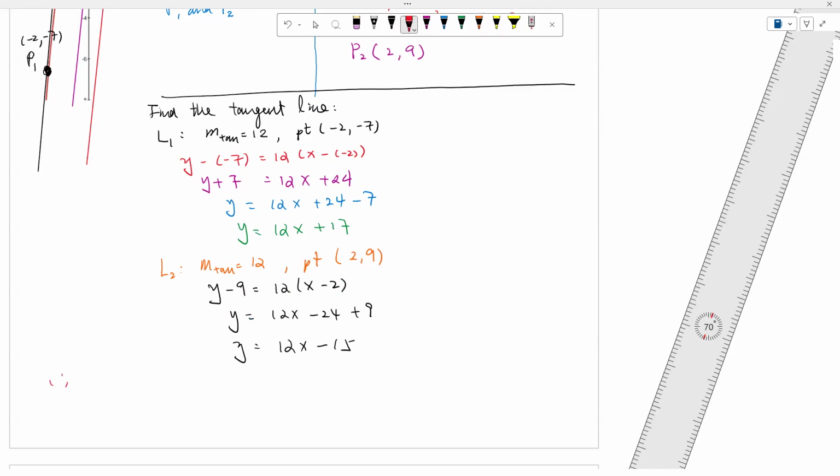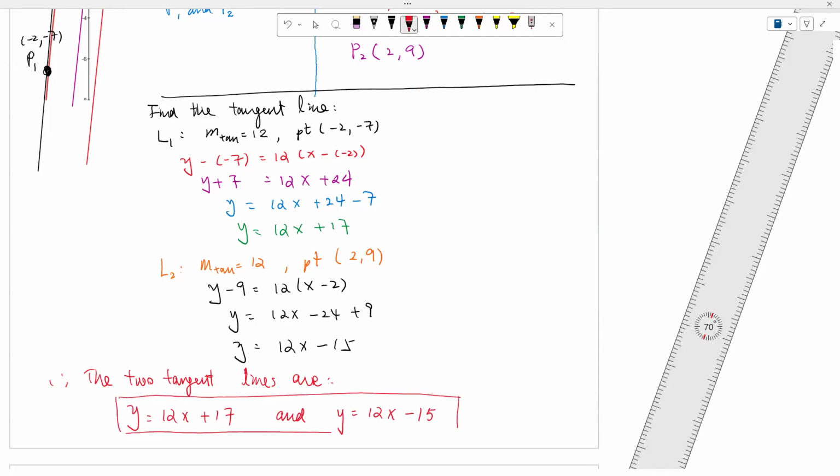Then I will be able to conclude that the two tangent lines are y equals 12x plus 17 and y equals 12x minus 15.